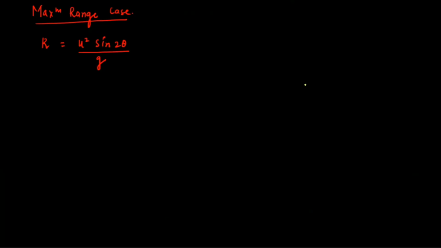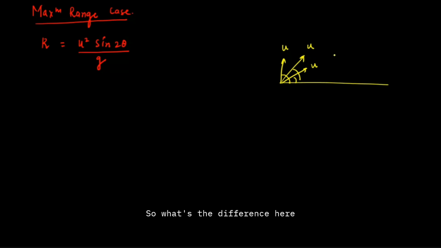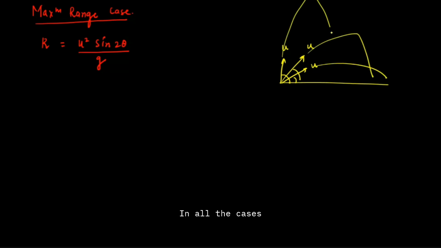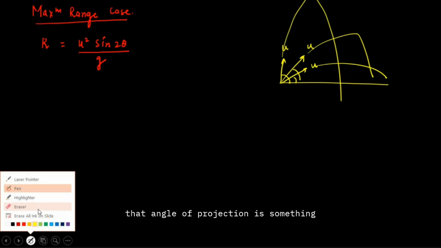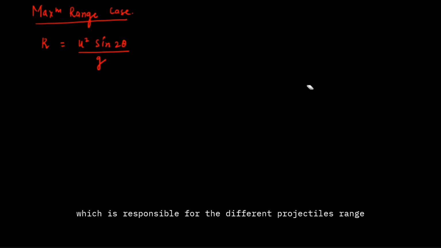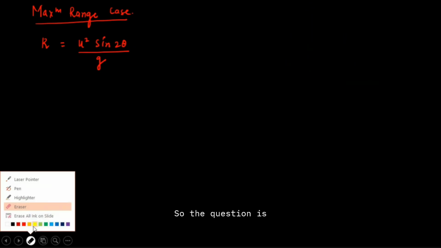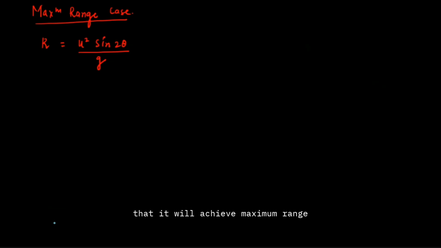For example, suppose with the same initial velocity I throw the projectile at different angles. What's the difference here? In all the cases, the range is going to be different. Why? Because the angle of projection is different. So we understand that the angle of projection is responsible for the different ranges. The question is, what should be the angle at which the projectile must be thrown so that it achieves maximum range?